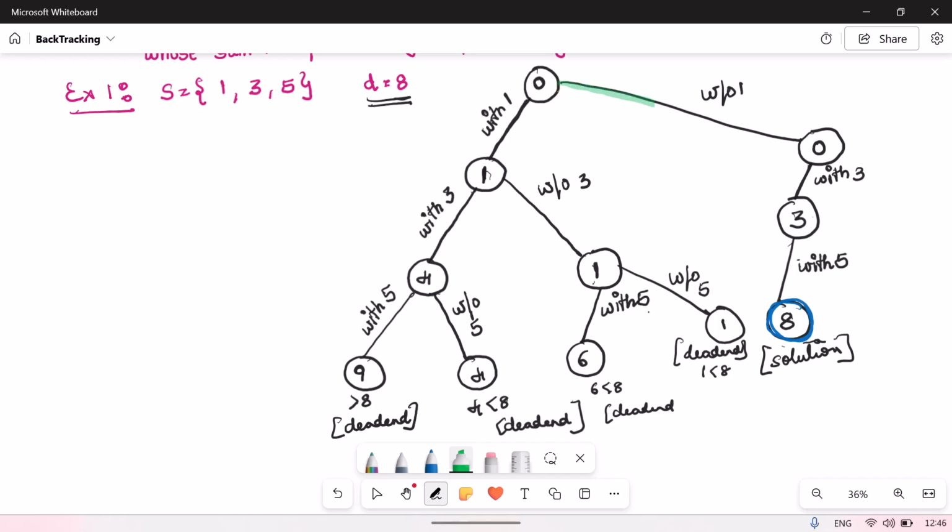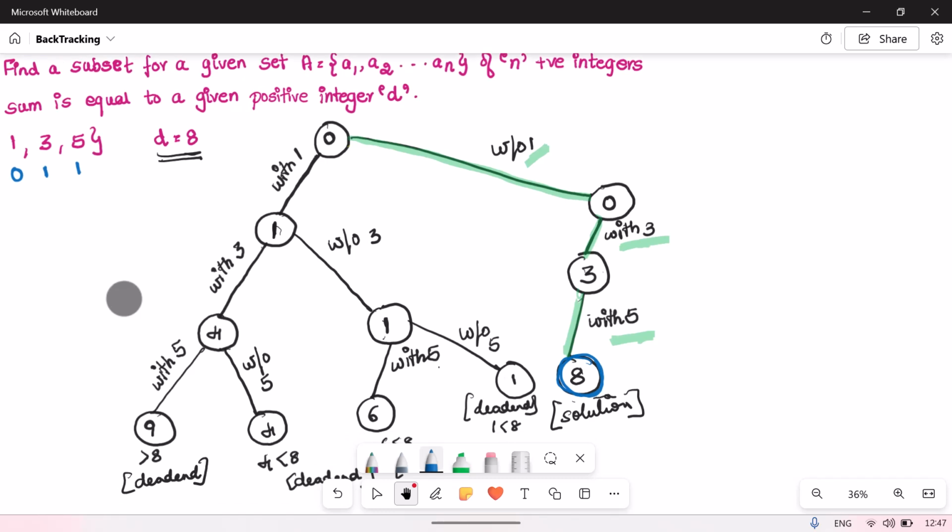By taking this path, that is without 1, with the 3, and with the 5. Suppose I take this as 0, 1, 1. I did not include 1, so I'm giving value 0. I included 3 and I included 5. So 0, 1, 1. Okay. I hope you have understood.